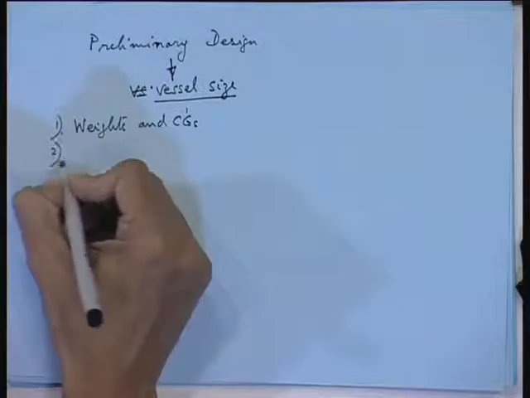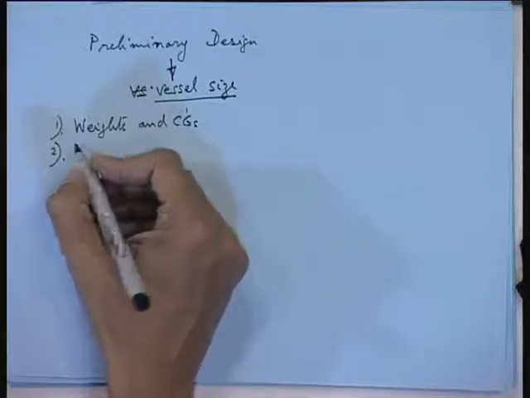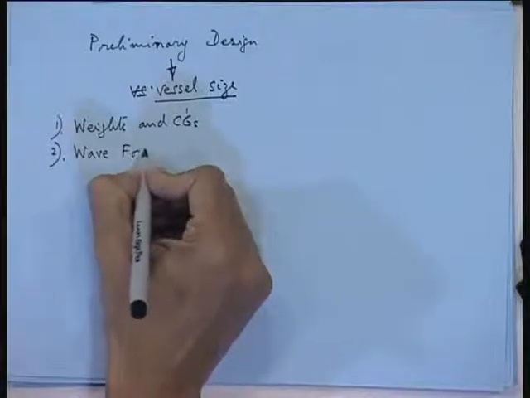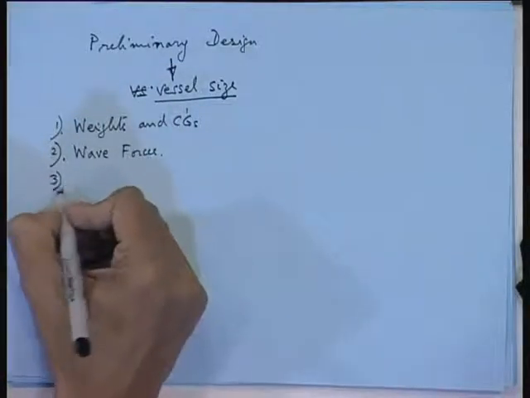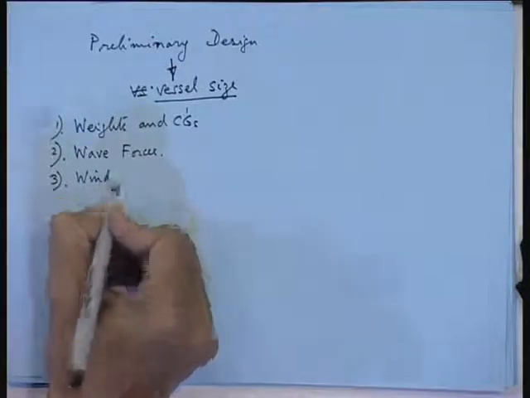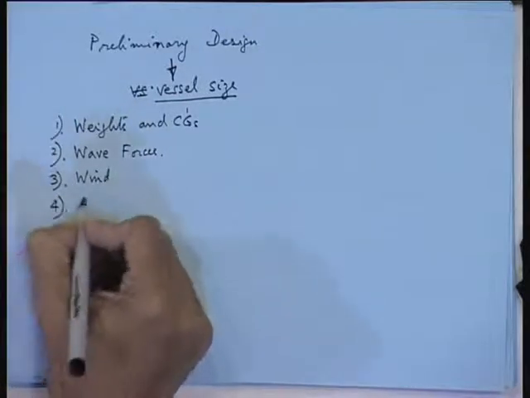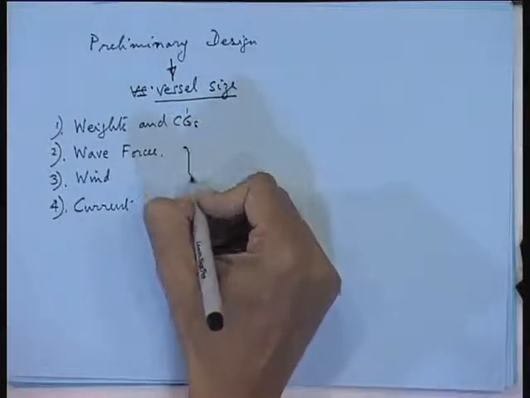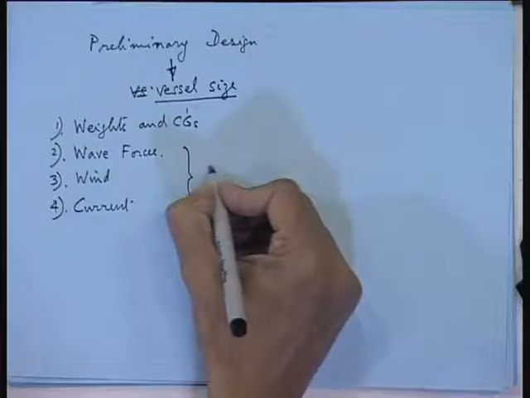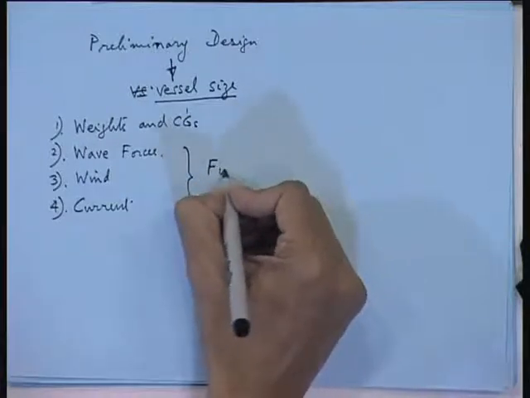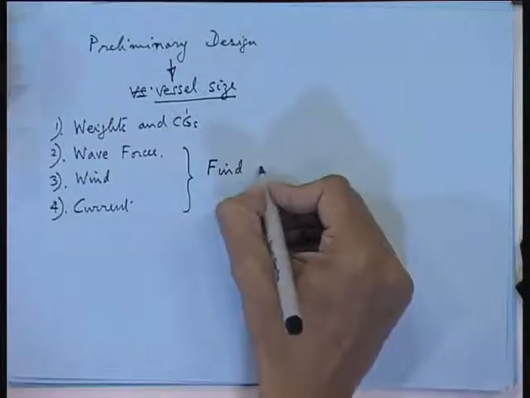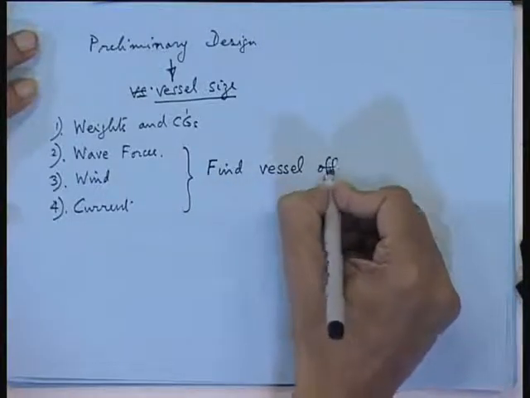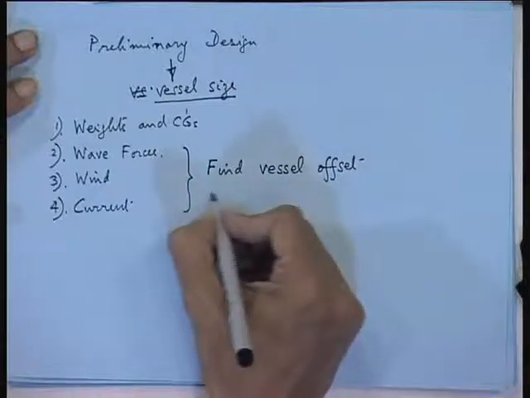Now, next you calculate wave forces, then wind, then current. From these three forces you find vessel offset and set down.